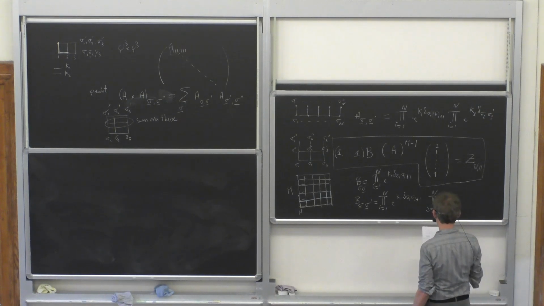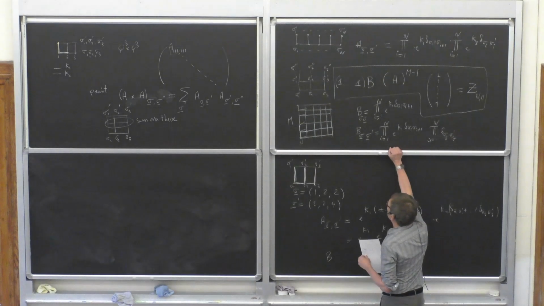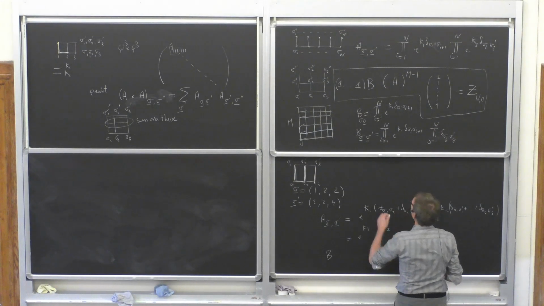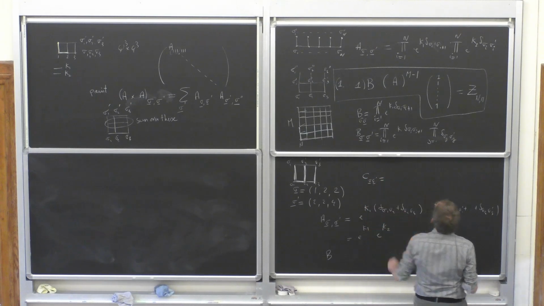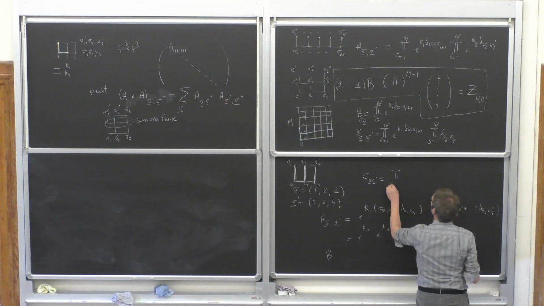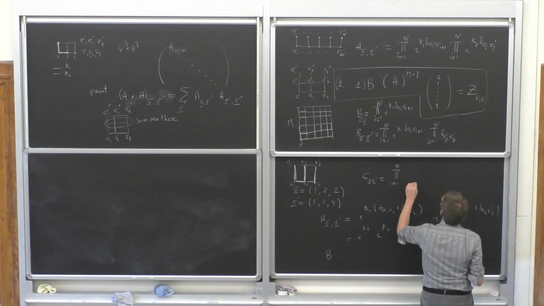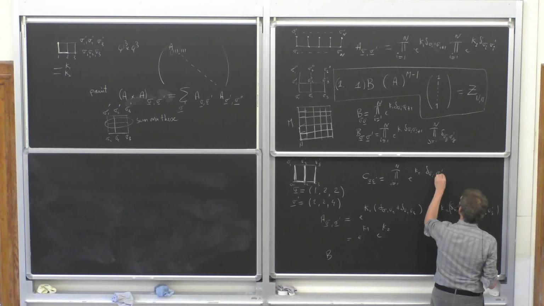So this is going to be B, and then let me consider, just for fun, C sigma sigma prime, defined as the other term: the product for i equals 1 to n of e to the k2 delta sigma i sigma prime i.